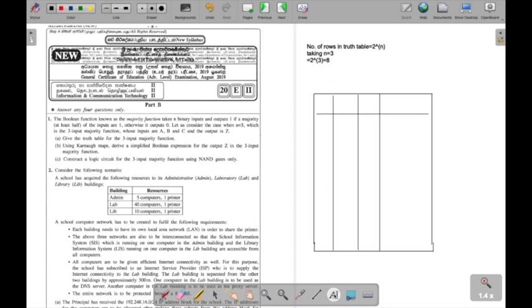So this will be A, this will be B, and this will be C. Finally, we'll have Z as the output, as it is given in the question.